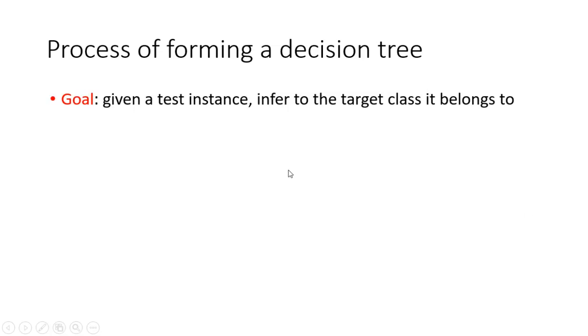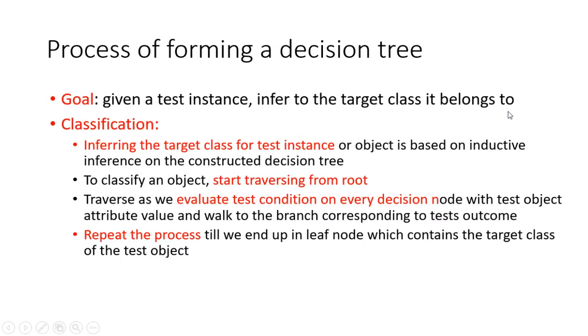The process of forming a decision tree is, the goal you need to first define: given a test instance, infer what target class it belongs to. Now how you start building the tree is, look at what your class is for your test instance, and then you start traversing your tree with a top-down approach.